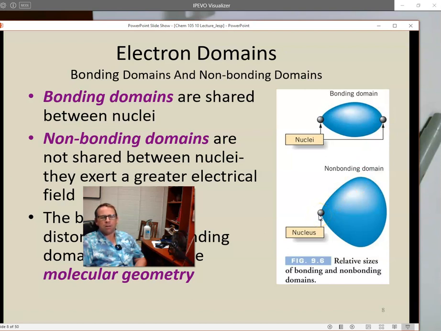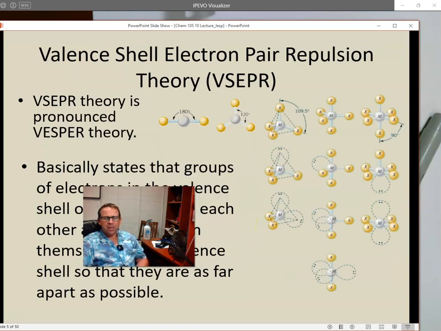However, in a non-bonding region, electron density strays from the nucleus, and the only nucleus it has to come back to is that initial nucleus. So you get a larger space taken up by non-bonding electrons. What that means is that when there are non-bonding electrons, the other bonding atoms actually get squeezed a little bit closer because these non-bonding electrons take up more space.